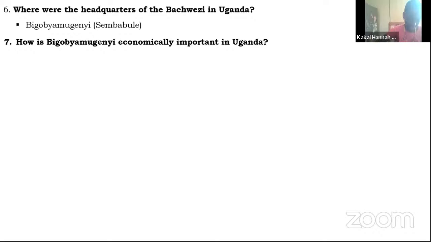This was the place that, be confident and talk. That is where the Bachwezi's headquarters are found. Thank you, Kakai. But someone help Kakai. Kakai, you've tried. Ninsima, give us Martina.